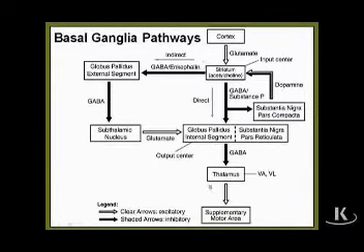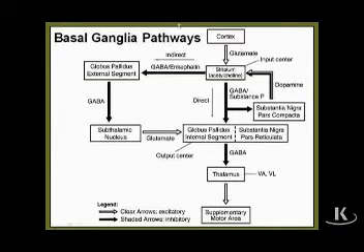So let's do the direct pathway first and illustrate, by its neural connections and the neurotransmitters in the pathway, what its effect will be on motor cortex. Again, some similarity: both basal ganglia pathways begin with cortical excitation of neurons in the striatum, neurons that are located in either the caudate nucleus or the putamen.